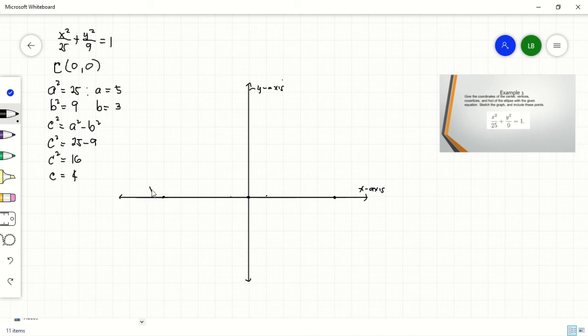So, ito na yung ating B sub 1. At ito yung ating B sub 2 or the vertices, our vertices. This is our major axis and our B is 3. So, 1, 2, 3.